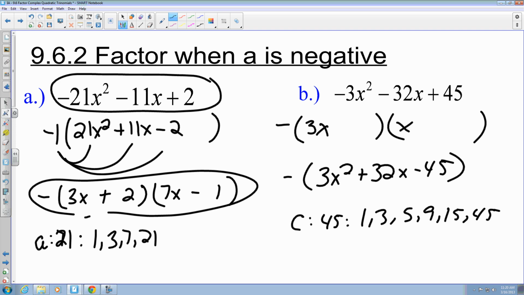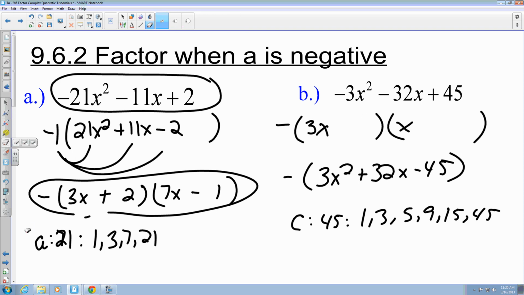So if I put a 1 here and a 45 here, I would get really big numbers. So no, that's not true. Now if I go 45 and 1, I get 45. That's not going to give me 32 either.